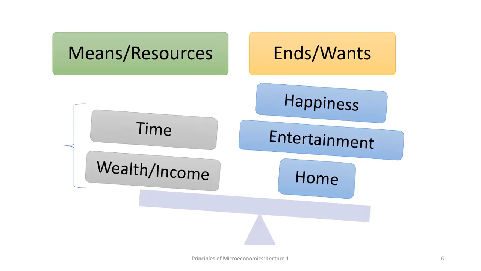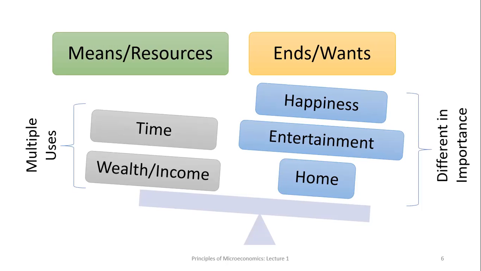Another thing about the resources is that a resource may have multiple uses. For example, if you have 1 hour of time, you can watch a video like maybe a short movie or a serial or a drama, or you may listen to the music, or you may do some studies, or you may have time with the family.